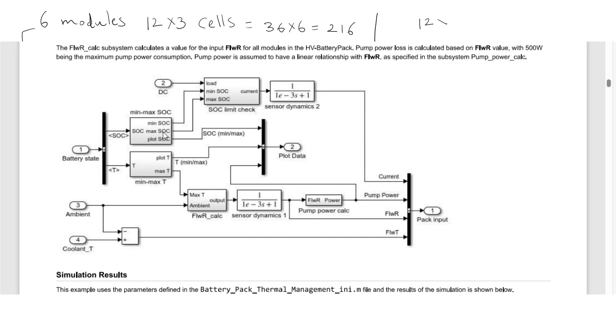So based on that, it will check and decide the flow rate. It will calculate the flow rate required for each battery cell. Okay, flow rate required for each battery cell, and what is the total power requirement for the battery pack, chiller load. Okay.